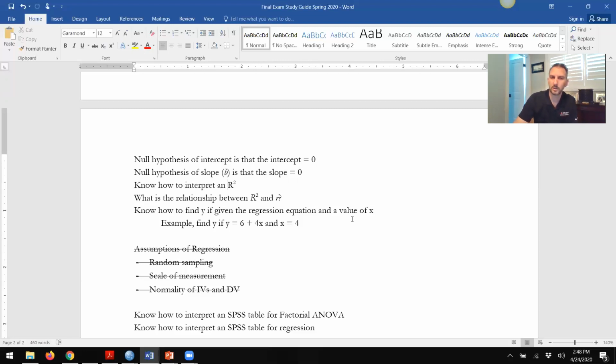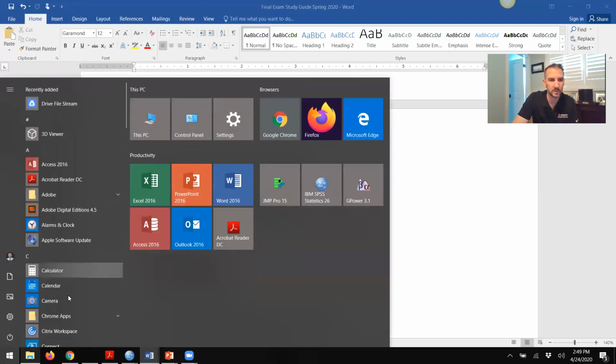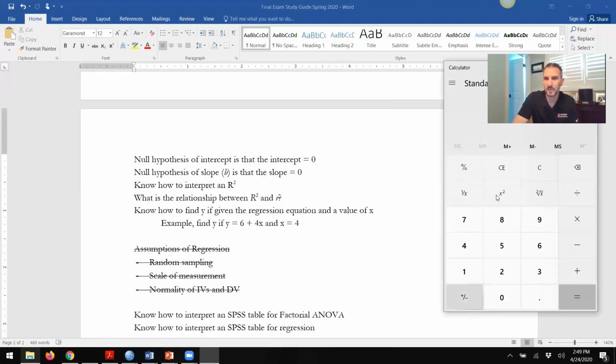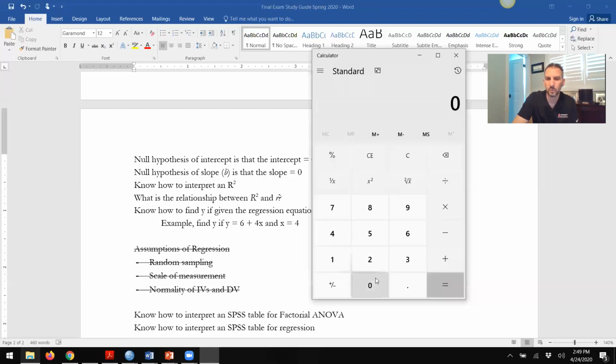If you're talking about just one x and one y, the r squared is just literally the square of r, the correlation between the two variables. That's all it is. Let's say you have a correlation of 0.4, and you square it, you get 0.16.